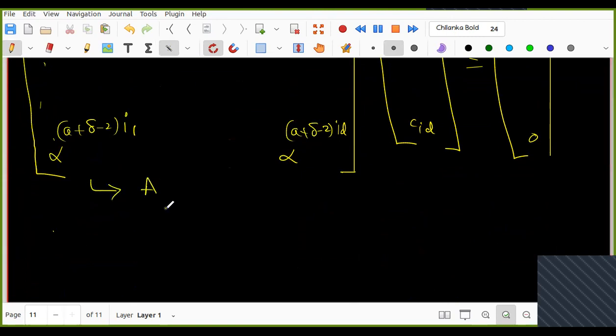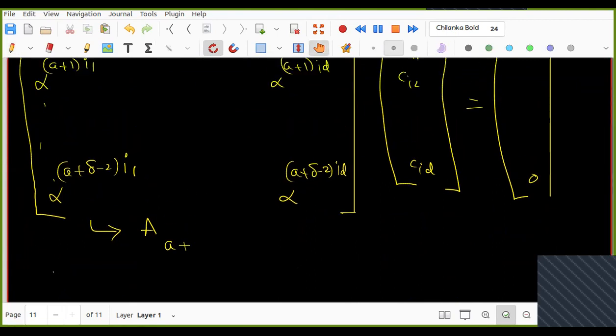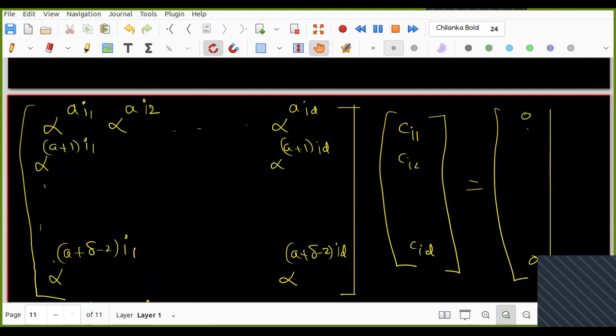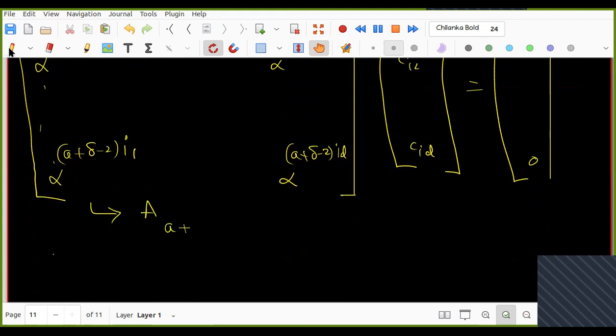What is the size of this matrix? How many rows are there? What am I substituting? First I'm substituting alpha^{a+1}. How many roots am I substituting? So the number of rows is delta minus 2.